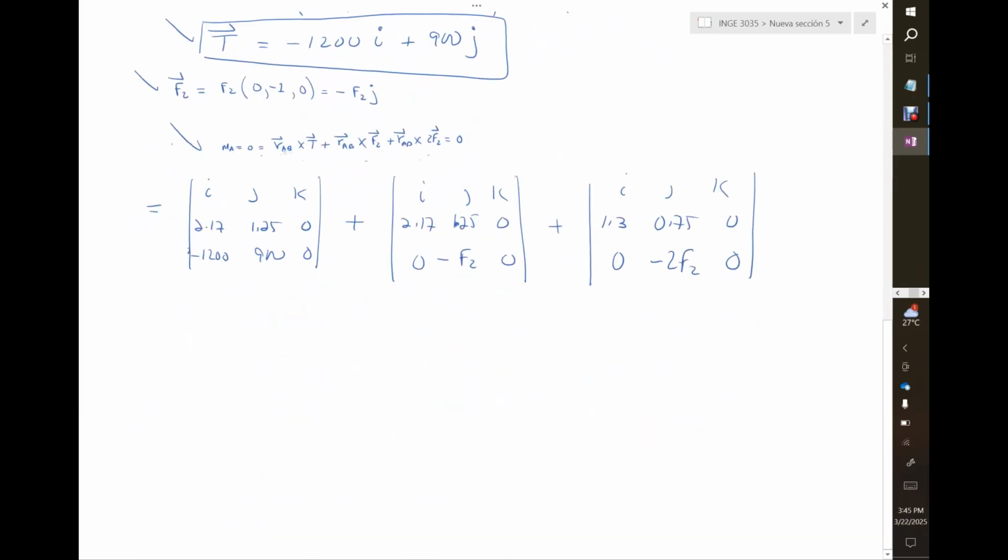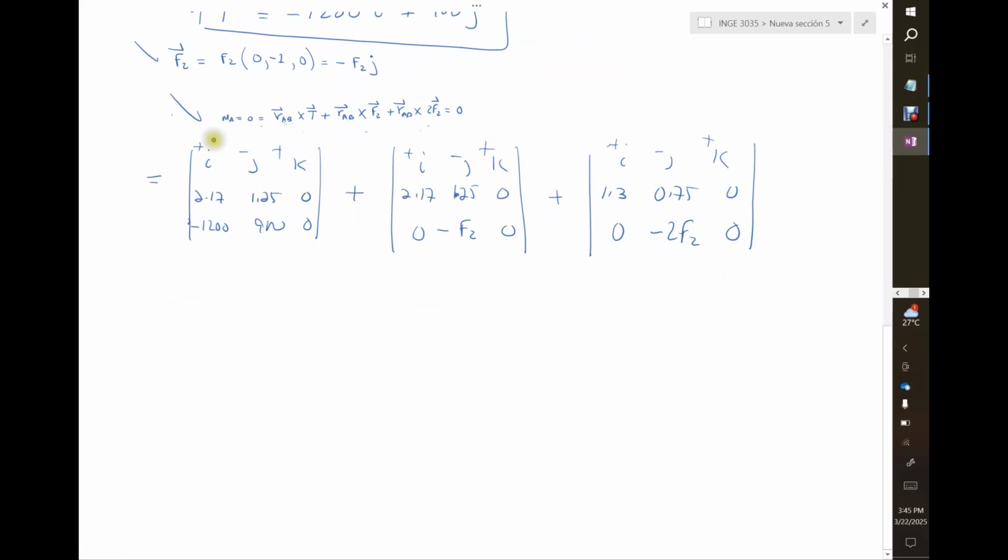We solve that and we're going to get our result. Let's do the cofactor here. This is plus minus plus, plus minus plus, plus minus plus. And now let's get the math here. The first one, just to get the determinant of this 3 by 3, is this by 0 and this by 0.